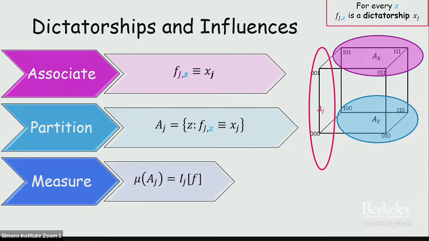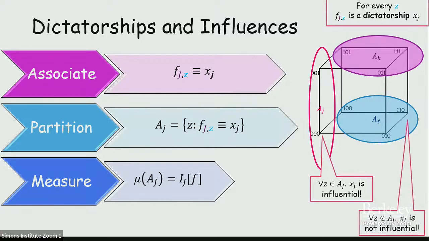I'm going to claim that this is exactly the influence. Let's see why it is true. For every z in A_j, x_j must be influential, because when you fix z, x_j defines the function, and we change the function if we change it.